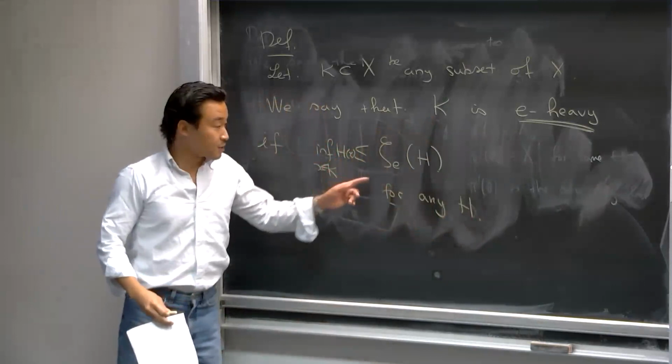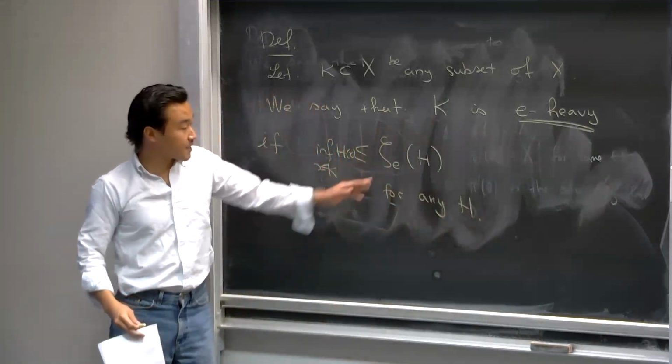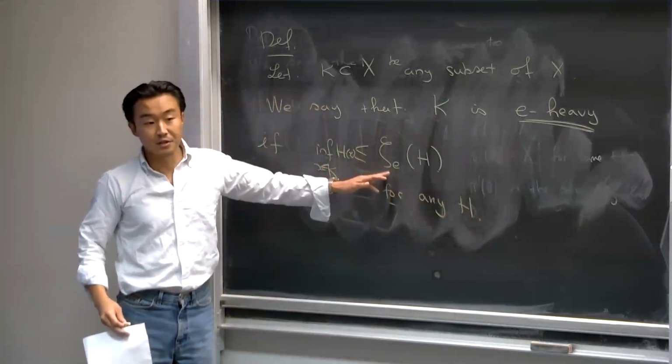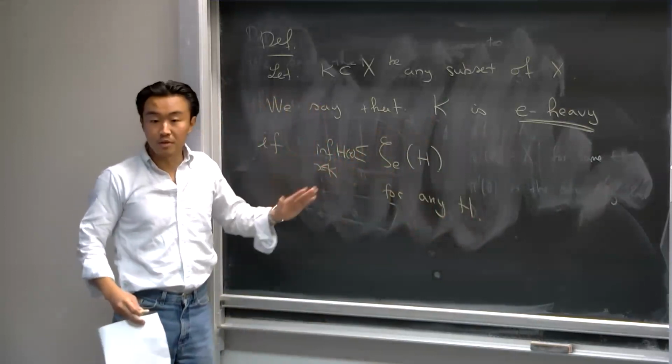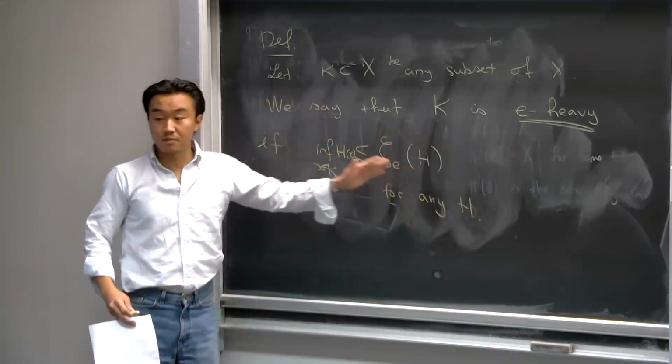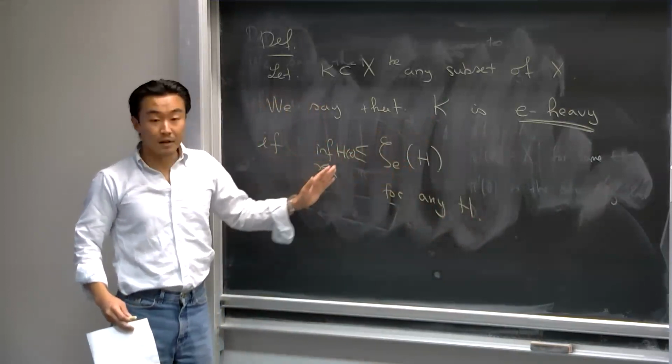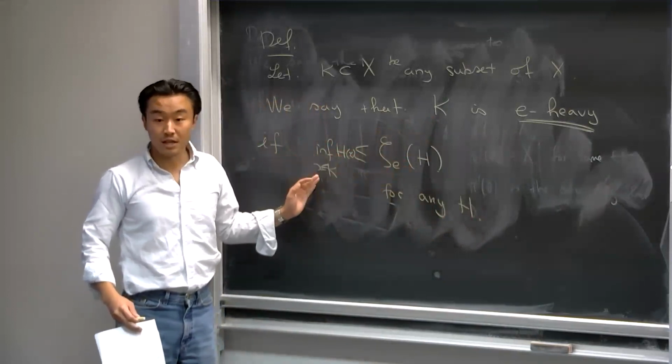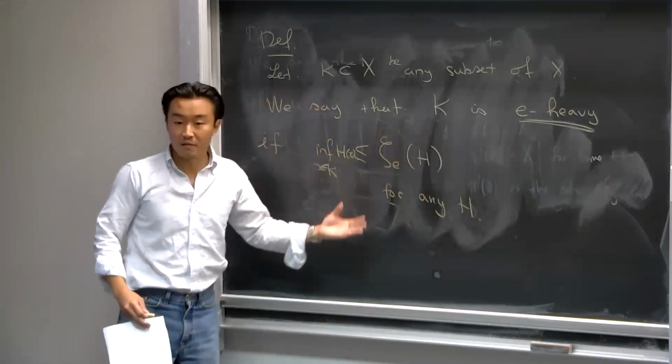So let me remind you that this function zeta has nothing to do with K. Miraculously, we can say something about the value of this function just by looking at the value of the Hamiltonian on that set.